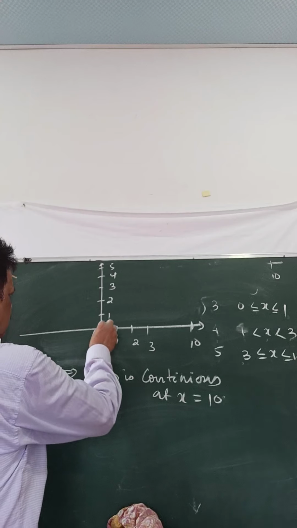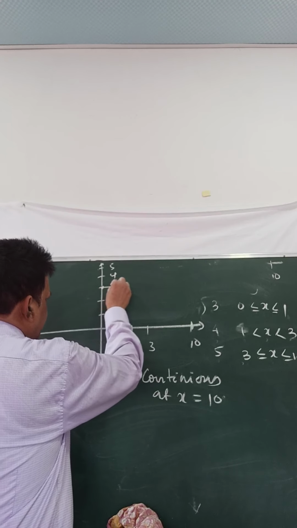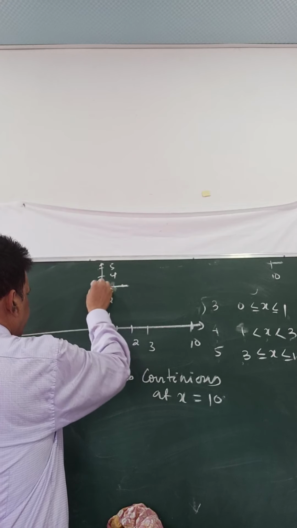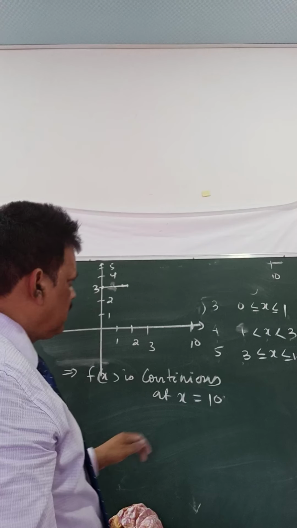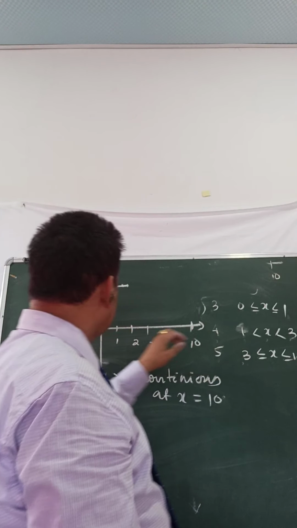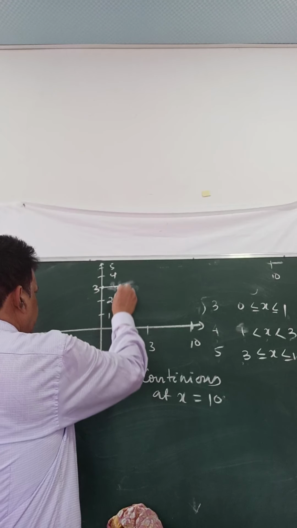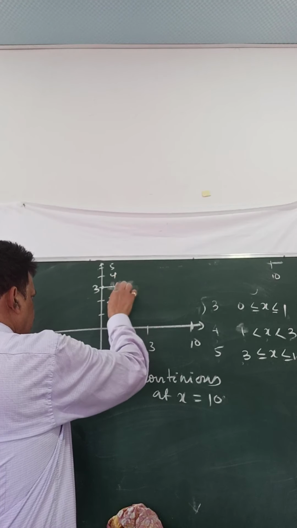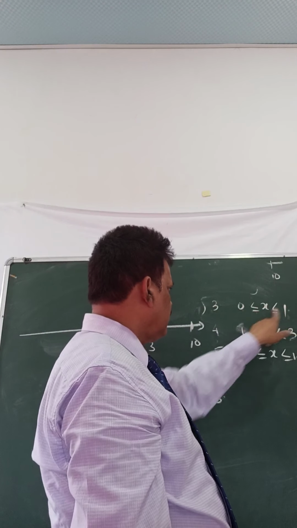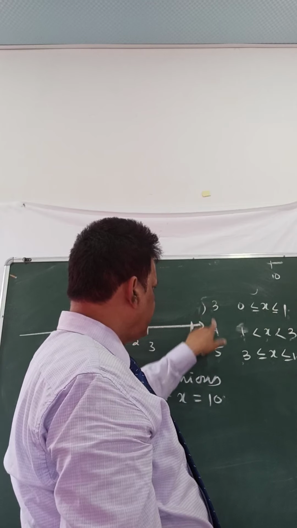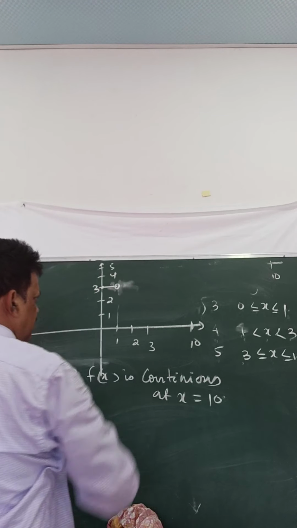When it is 0, this is 3, when it is 1 also, this is 3. That means your graph is continuous here. But when it is 1, the values are different, meaning discontinuous. That means there is a gap here.